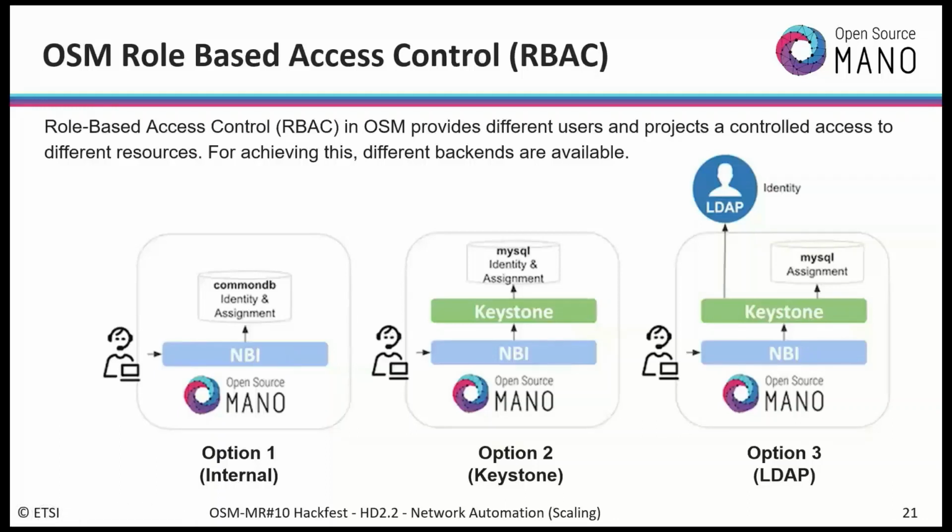He's given access that helps him get hold of the specific resources. For example, if he is a project admin, he can get access to his project. If he's a system admin, he can get access to projects across OSM, and so on.